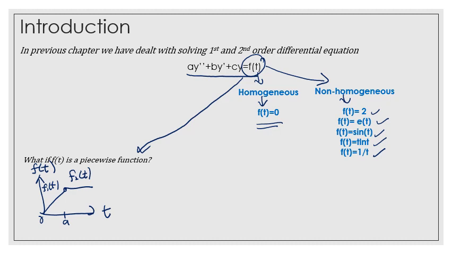The previous method cannot solve this type of function, but this kind of f(t) always occurs in engineering problems. Therefore, we need to use another method, which is the Laplace transform.